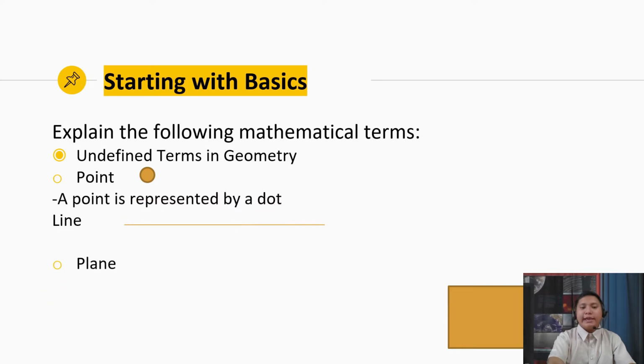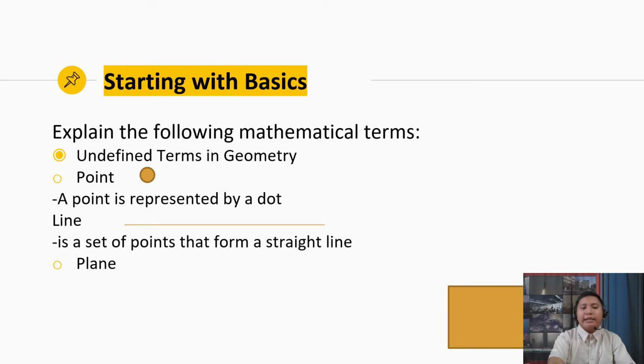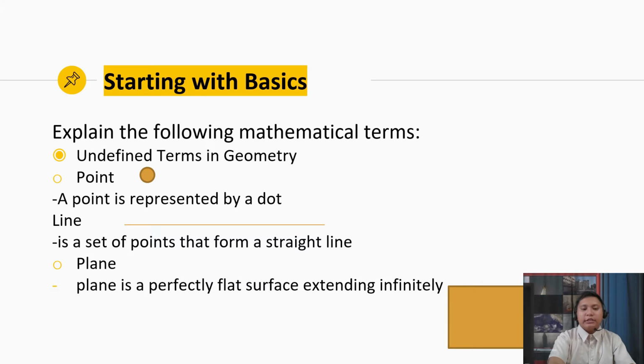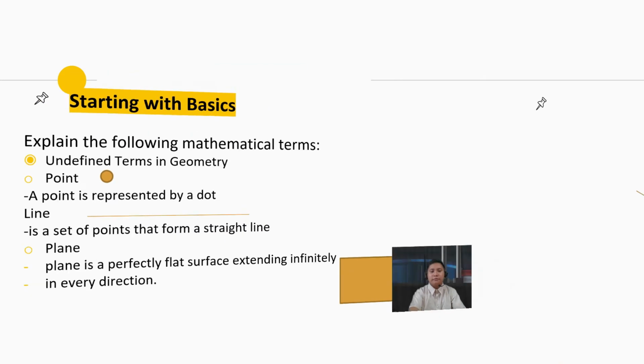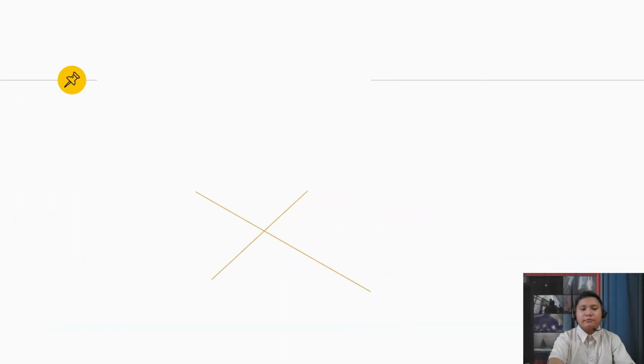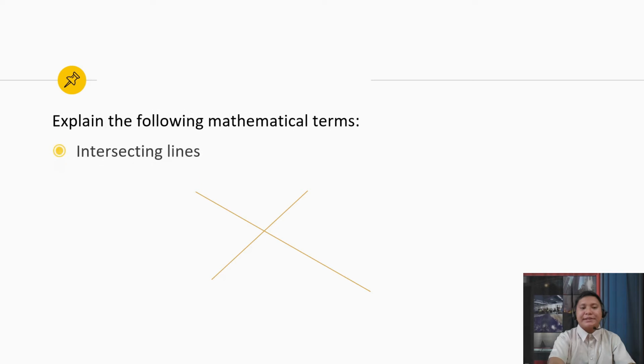A point is represented by a dot in the illustration, while a line is a set of points that form a straight line, and a plane is a perfectly flat surface extending infinitely in every direction. Next, the intersecting lines.